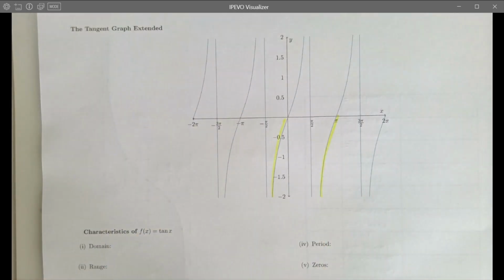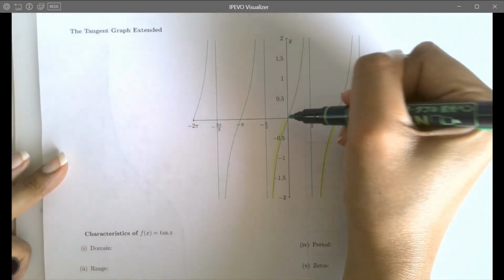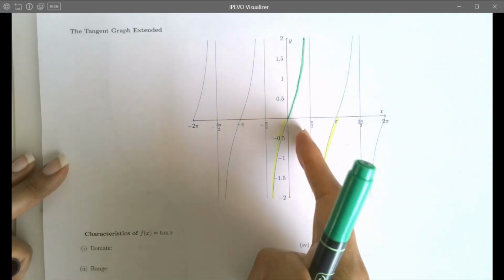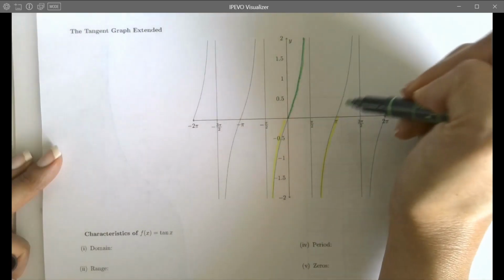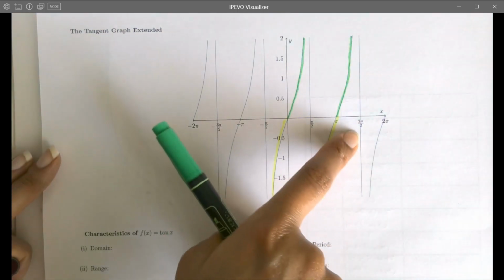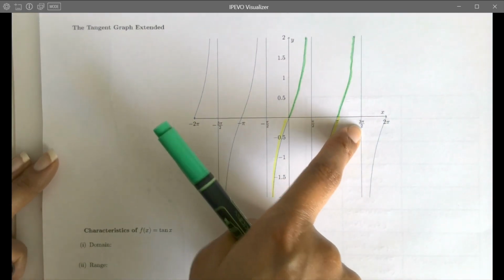And then this part of the curve, which is positive and curves up towards the asymptote at pi over 2, repeats between pi and 3 pi over 2.